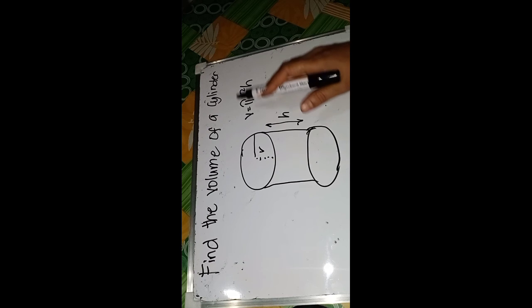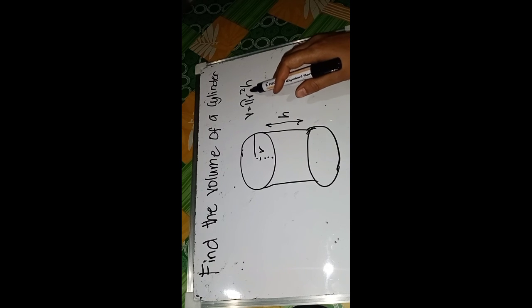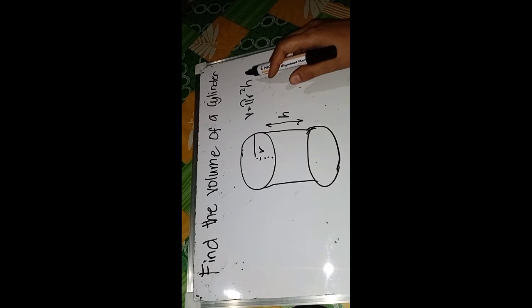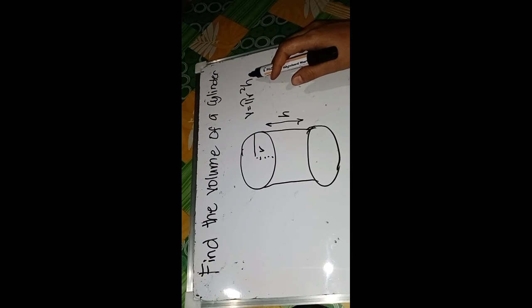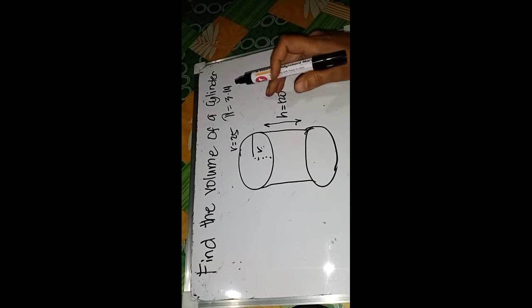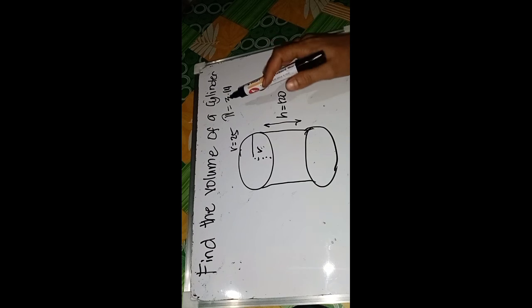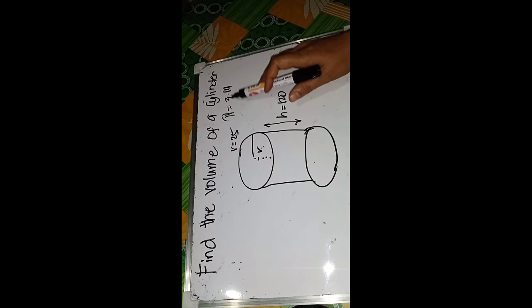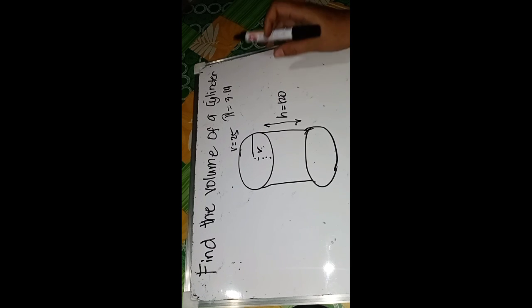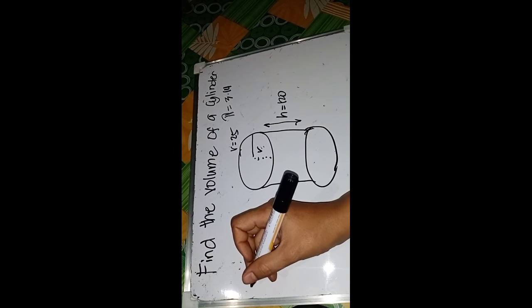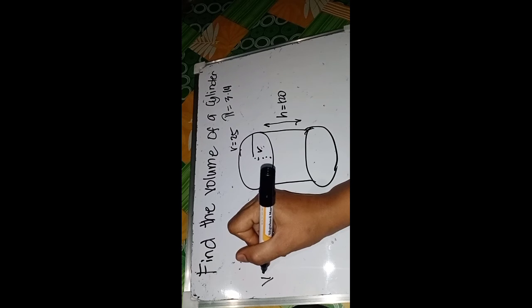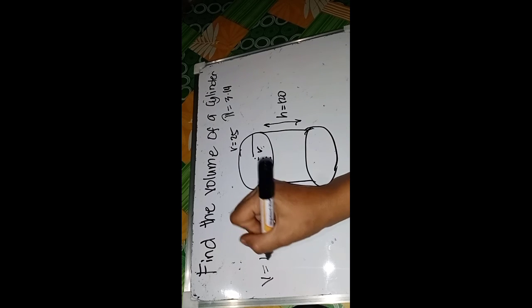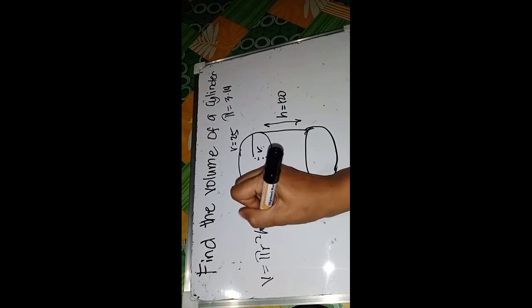So this is our formula. The volume of a cylinder equals pi radius squared times height. This is the example. Radius equals 25 inches. Our height is equal to 120 inches. Our value of pi equals 3.14. So in our formula, the volume of a cylinder equals pi radius squared times height.